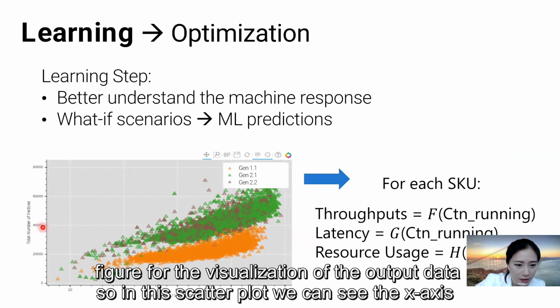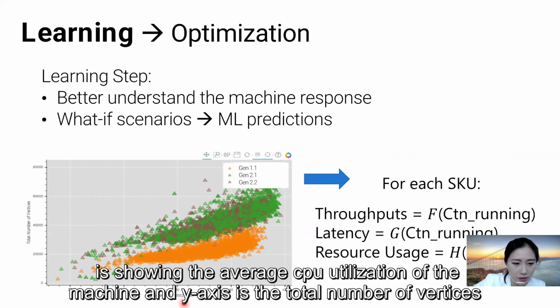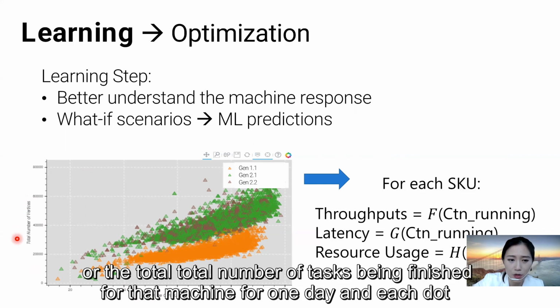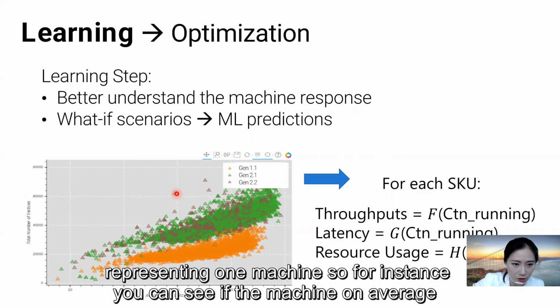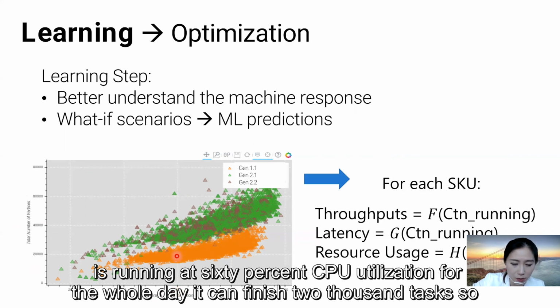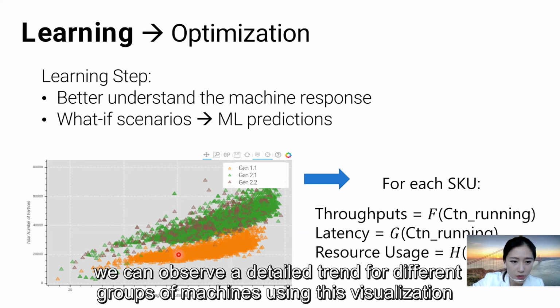In this scatter plot, the x-axis shows the average CPU utilization of the machine, and the y-axis is the total number of vertices, or the total number of tasks finished for that machine for one day, with each dot representing one machine. For instance, if the machine on average is running at 60% CPU utilization for the whole day, it can finish 2,000 tasks. We can observe a detailed trend for different groups of machines using this visualization.